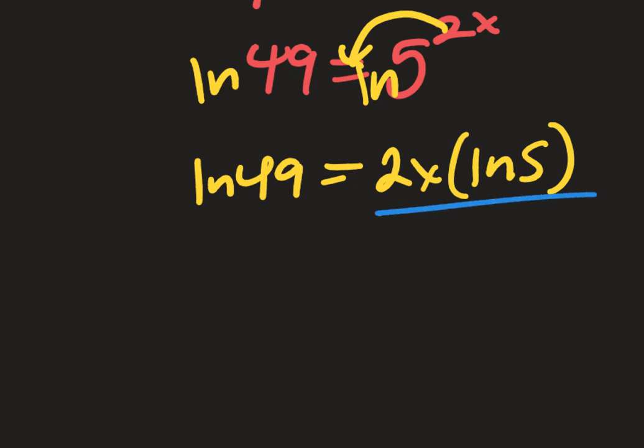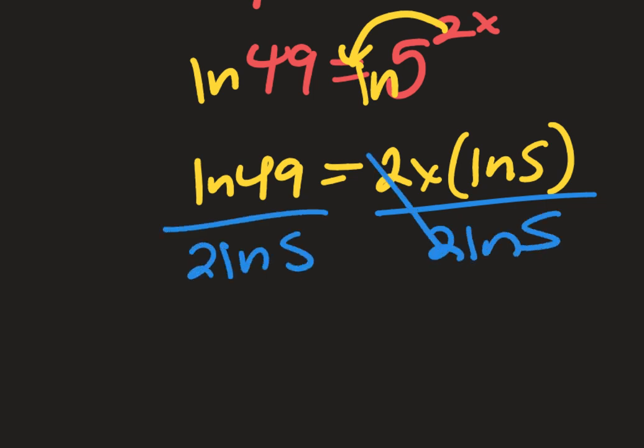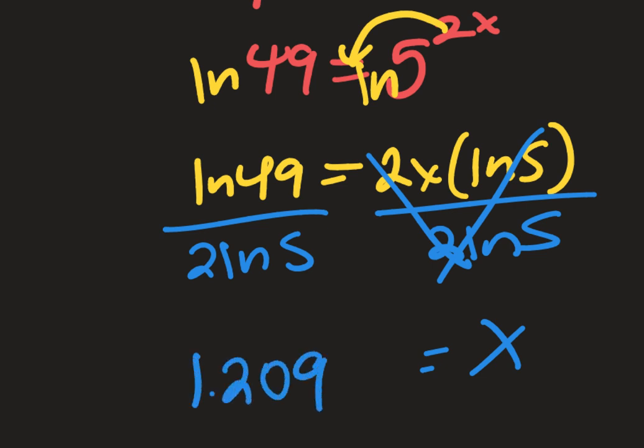So I divide both sides by 2 ln 5, and I get x equals ln 49 divided by 2 ln 5. And you get 1.2090, so 1.209.